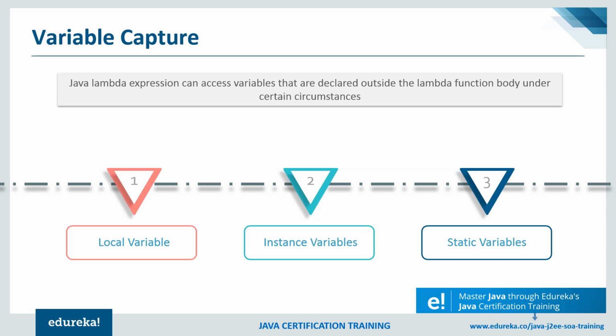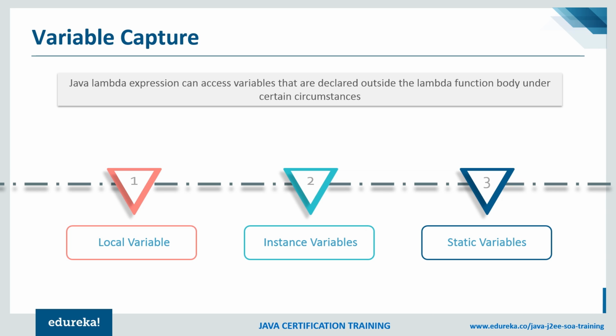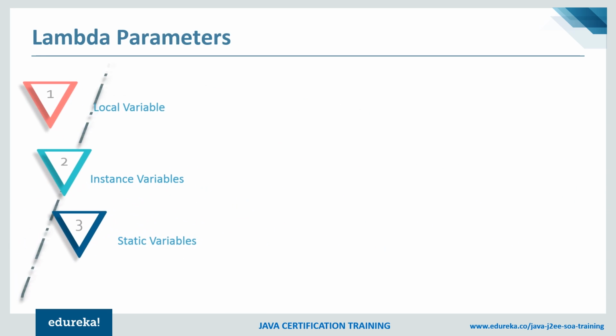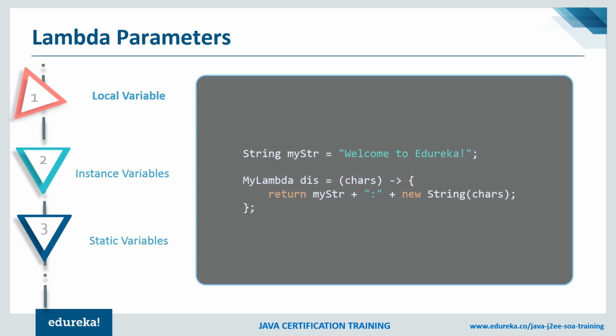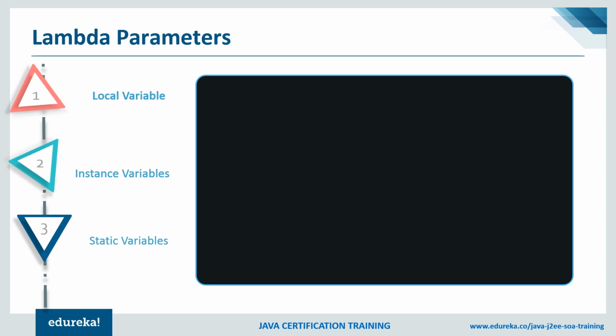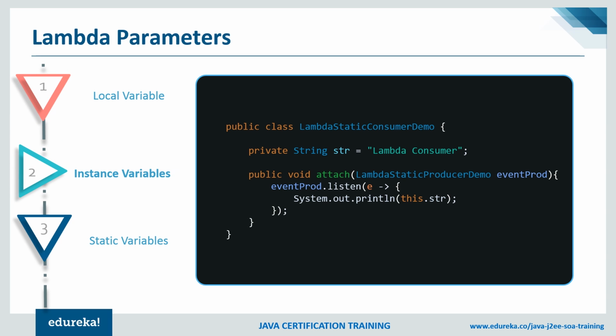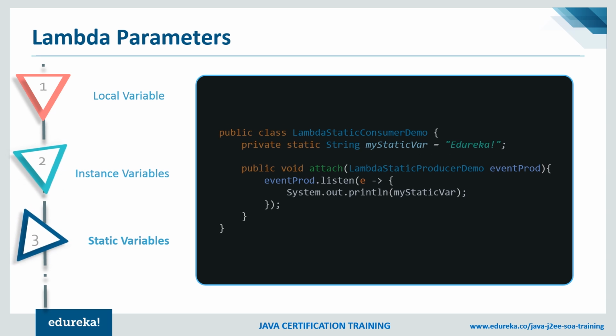Now you are doing a computation and you definitely need to make sure that there are some variables which you need to define and use here and there. So let's see how we can deal with them. The very first one is a local variable. You can declare variables within the lambda expressions. Instance variables: the variable can belong to your object and can be very easily utilized in your lambda expression. We can even have a static variable which can be used in the lambda expression.